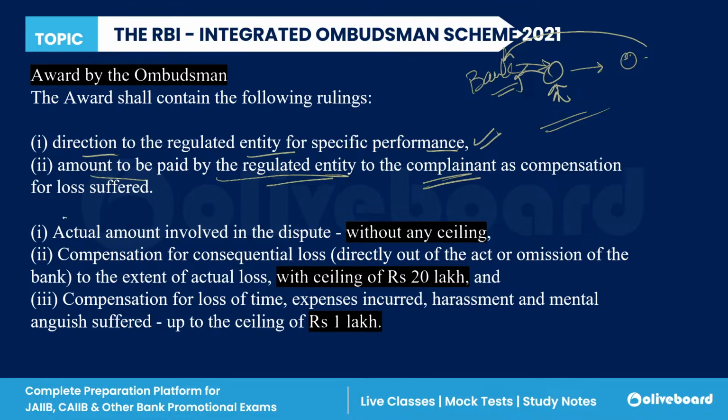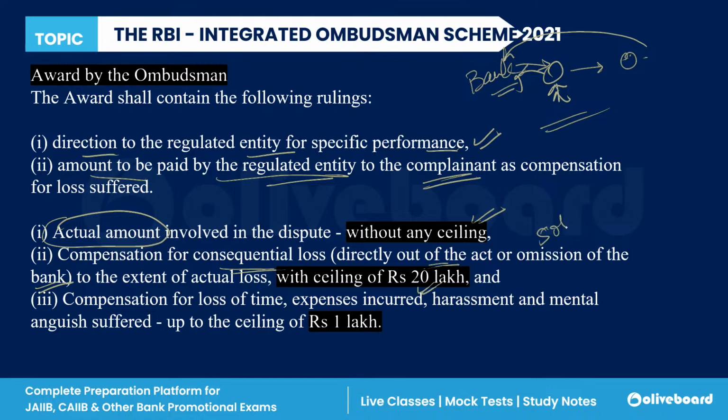First of all, it can be the actual amount which is involved in that dispute, without any ceiling. If there is some consequential loss, either by the direct act or the indirect act of the bank, this can be the extent of actual loss with a ceiling of 20 lakh.